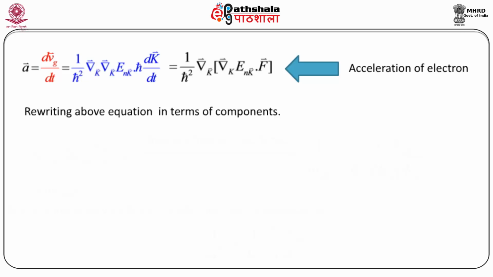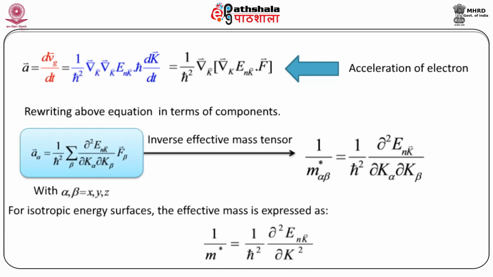So rewriting the equation for the acceleration in terms of its components, we find that a_alpha is equal to 1/h-bar squared summation over beta of the double partial derivative of the energy with respect to k_alpha and k_beta multiplied by F_beta, where alpha and beta are x, y, z. That is, they are any one of the three directions.